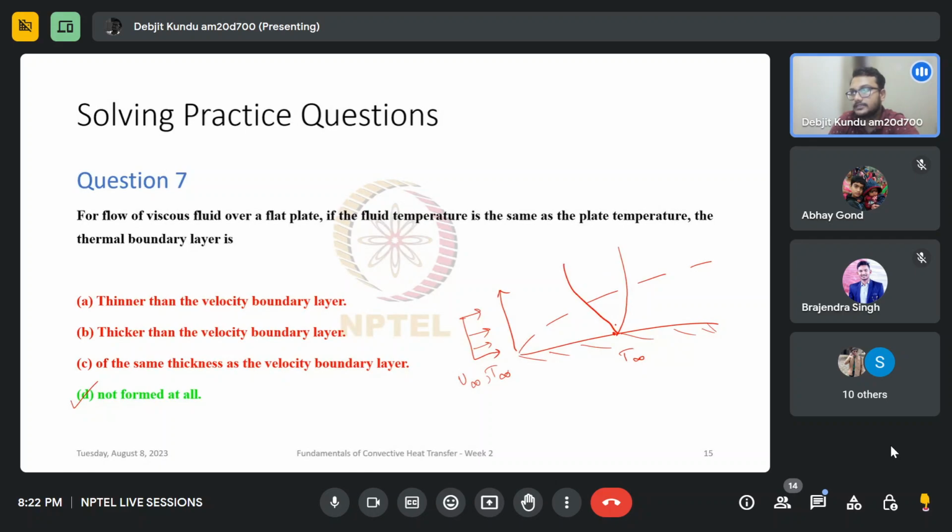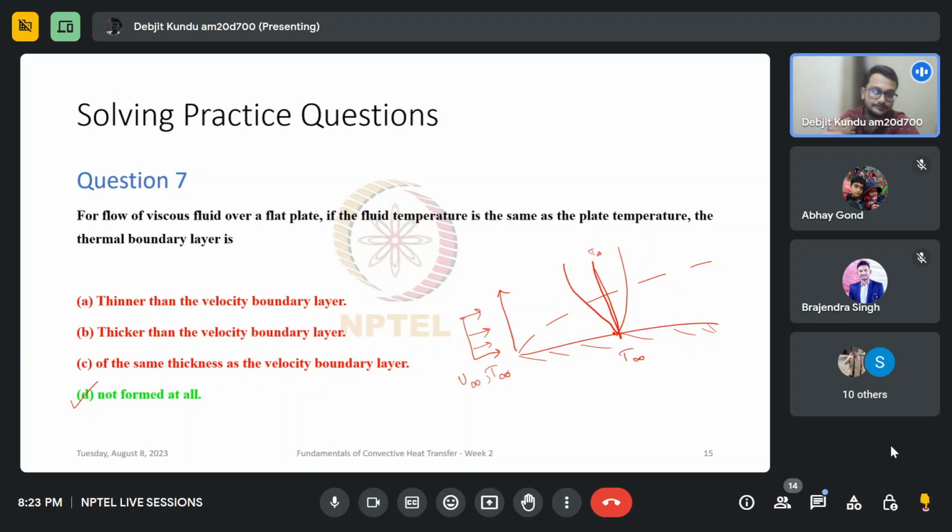But in the case where there is no difference, like it's T infinity over here as well as T infinity over here, the temperature profile would be straight, right? So there will be no effect that the wall has, that the boundary has on the fluid. So there is no layer formation as well. What a layer means is that the boundary has some effect or some influence within the fluid domain.